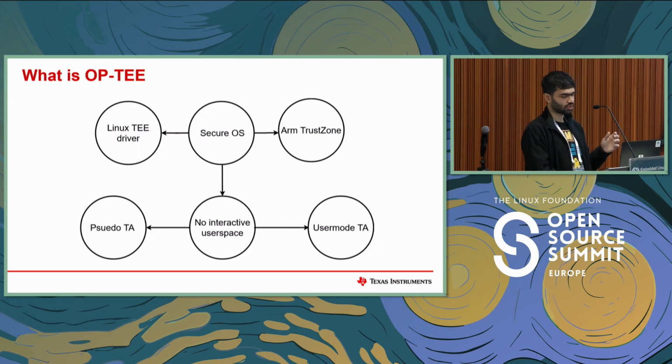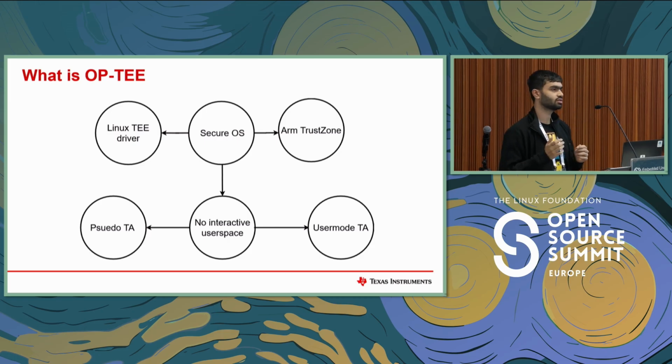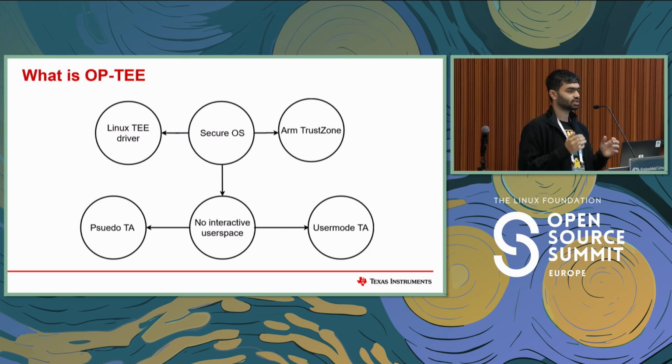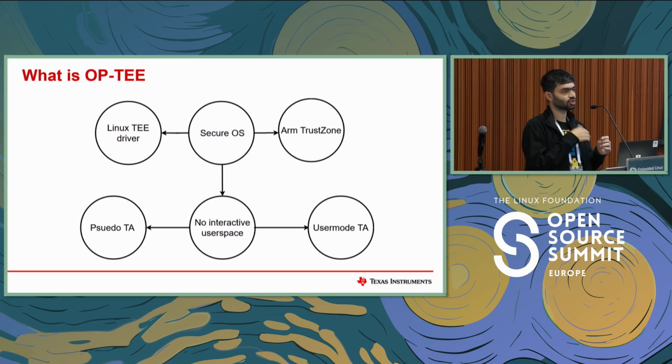The other thing is you can utilize the hardware unique keys that are available. If your SoC has a unique key for each SoC, OPTEE has a mechanism that you can program that key, and then all the secure storage encryption will be using that key.